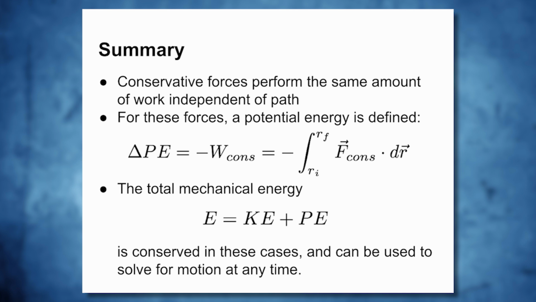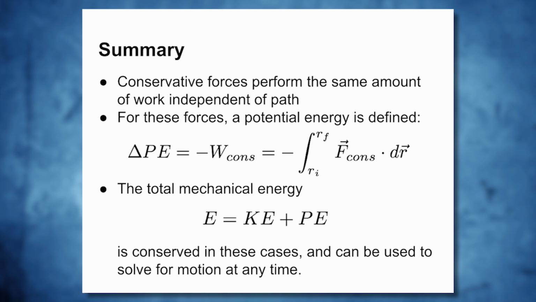That's equal to our expression for the work term, but it's the negative of that, because this is the work that's going to be done later on when the object moves to a different part of this potential field. Now when we add up our kinetic and potential energy, that together is the total mechanical energy. In the absence of any non-conservative forces, that number is going to be conserved for our system.